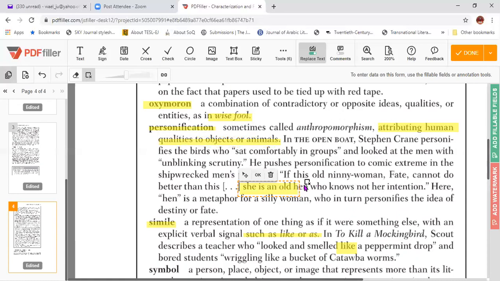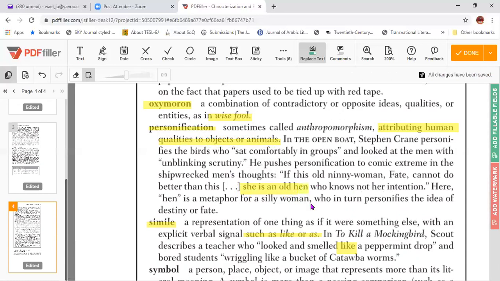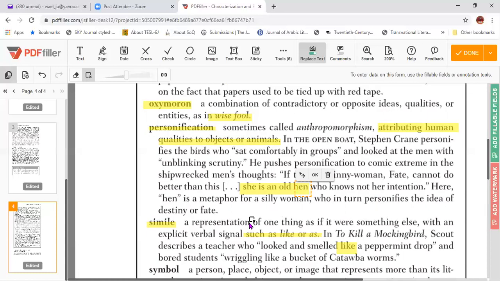Okay, so here hen is a chicken. So here we have a human quality given to an animal who knows not her intention. Here hen is a metaphor for a silly woman who in turn personifies the idea of destiny or fate. So simply personification means giving human qualities to objects and animals.